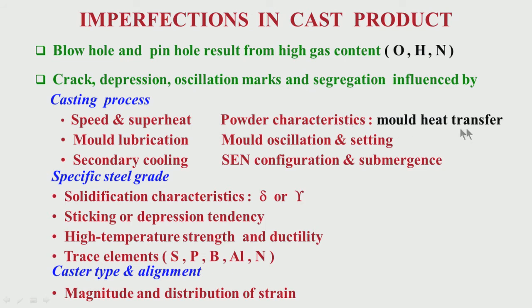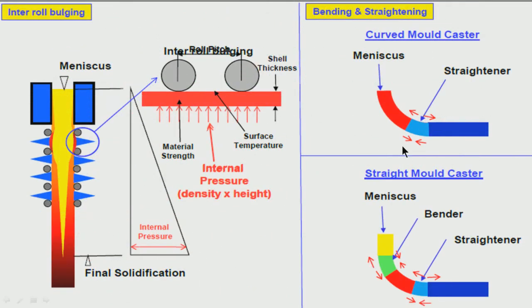This will determine the mold heat transfer. Why will this determine it? Because the mold slag from here, because of this oscillation, is getting sucked inside here. So, the film characteristic will determine what is the heat transfer here. This is very important to understand. It will give lubrication, it will give heat transfer. So, what is the film's characteristic?